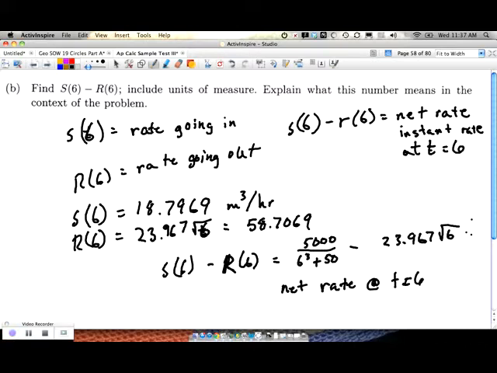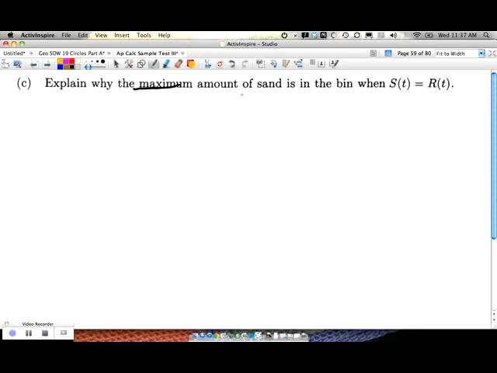All right, let's see if we can wrap this up here. Explain why the maximum amount of sand is in the bin when s of t equals r of t. Well, this is what's happening. So we know that s of t minus r of t is equal to the overall rate.